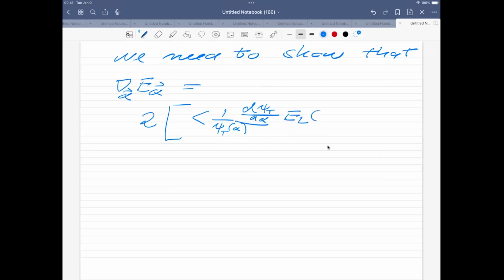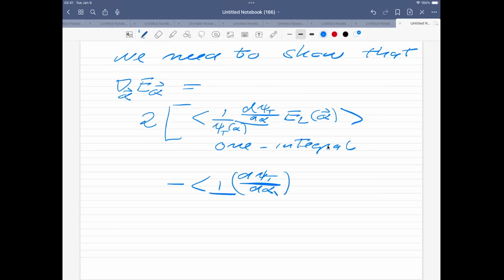So this is an expectation value. This is one integral, and this is what we will show next week. Minus the expectation value of d psi t with respect to alpha, multiplied with 1 over psi of t of alpha.